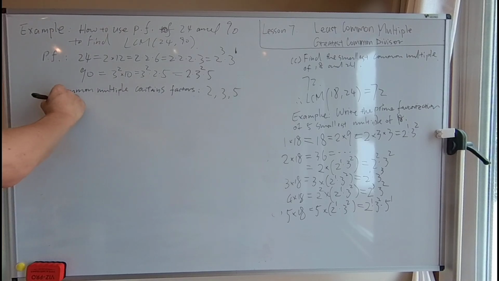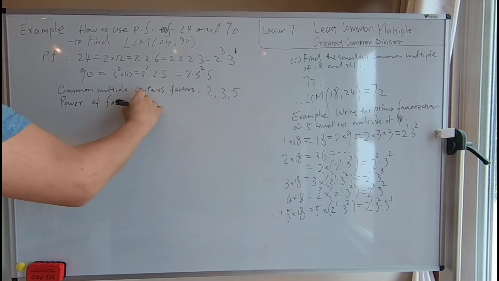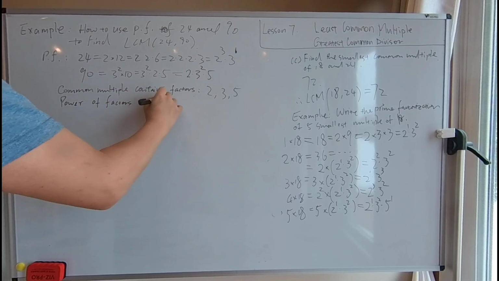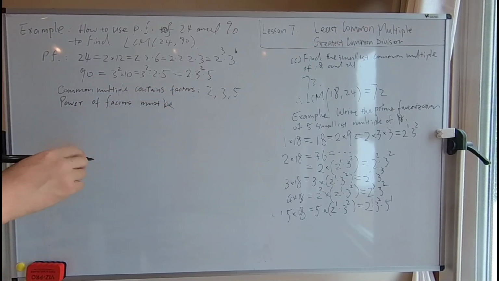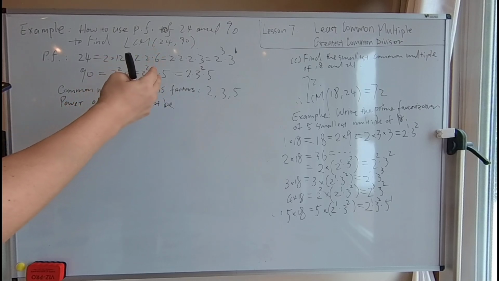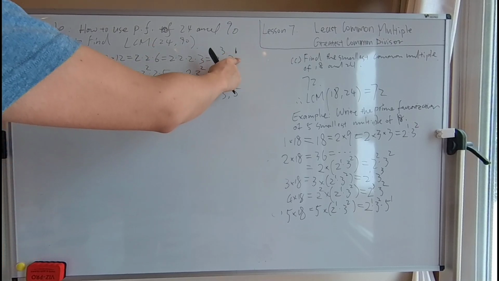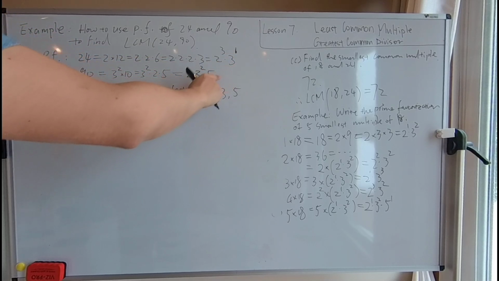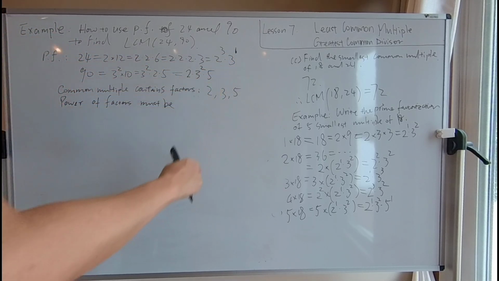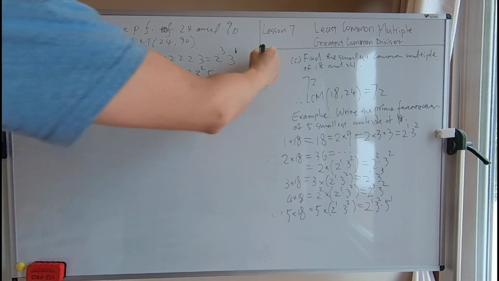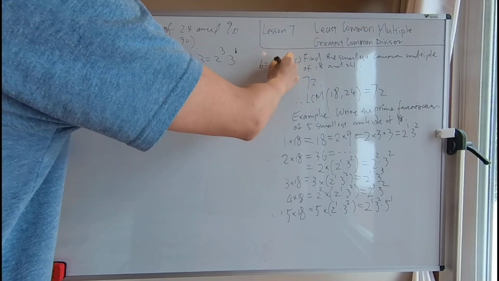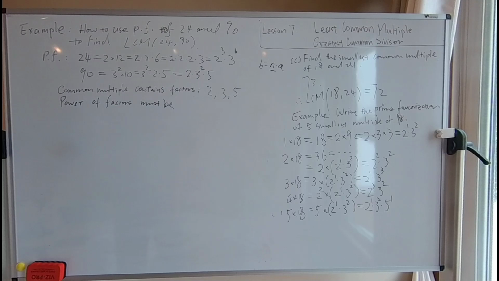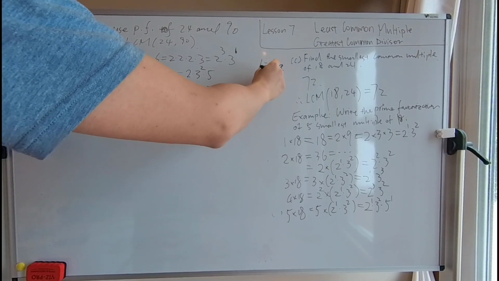And then the power of these factors must be greater than or equal to, remember the examples we saw, if your power is less than that of at least one of the prime factorizations, then you won't have an integer n to prove that it is a multiple.